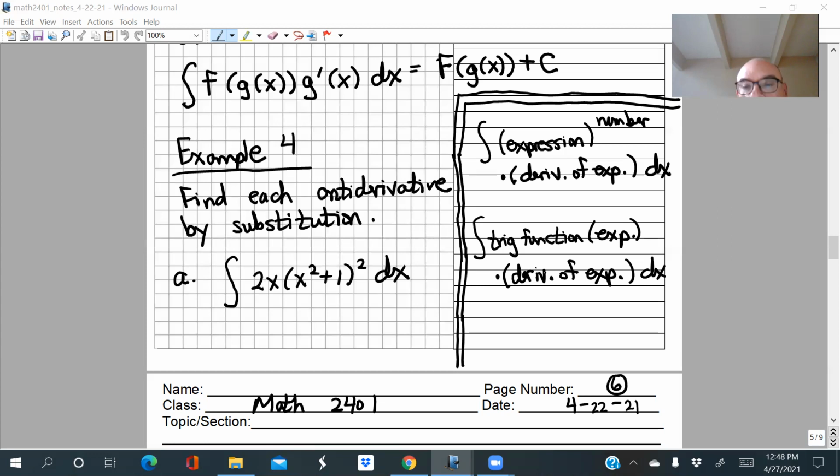If you have an integral where you have an expression raised to a power, that's a situation where we're going to be able to integrate by sort of doing the chain rule in reverse.